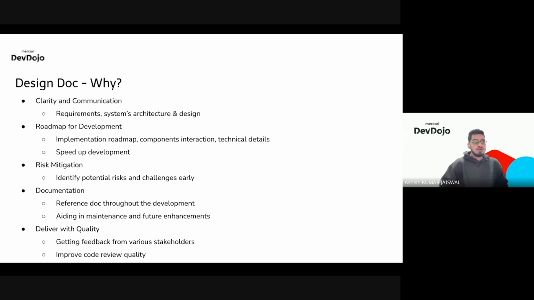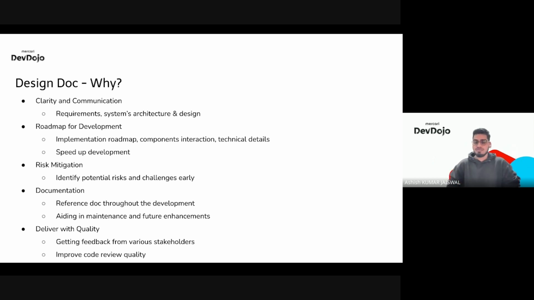The third thing is risk mitigation. It also helps to find potential risks and challenges early, in the phase when you write the design doc. Suppose you have a complicated or big project or feature to deal with, and you don't go with a design doc and just jump into the development first.